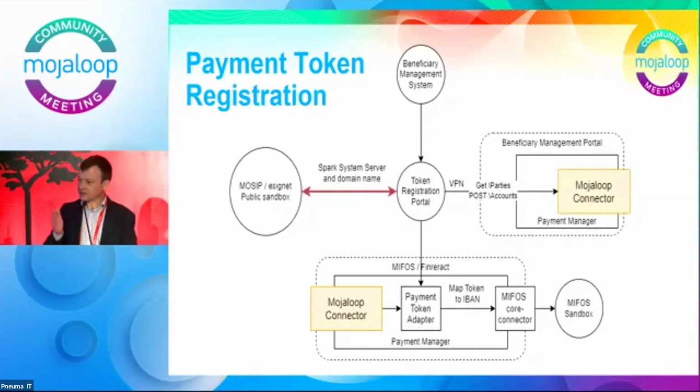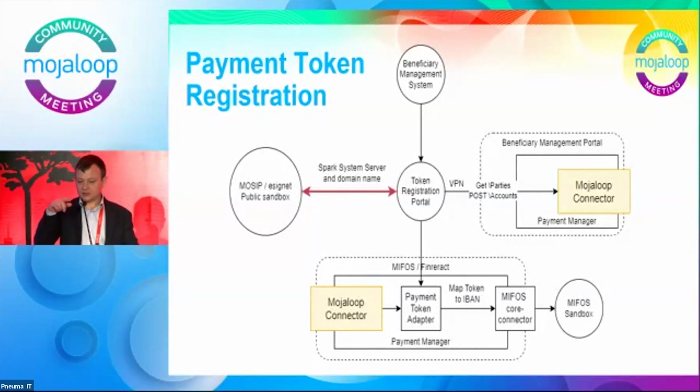So it handles the registration of that mapping and then applies that mapping to API calls coming through. In other words, your existing payment integrations will work. All you need to do is deploy the payment token adapter and then register that endpoint at the token registration portal.